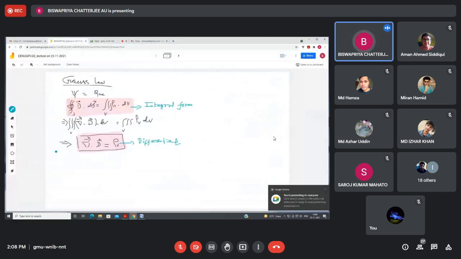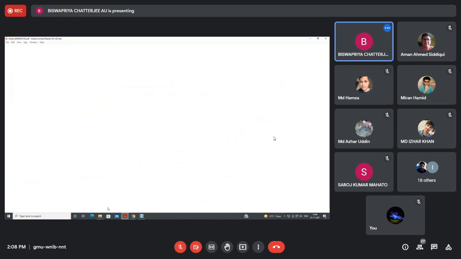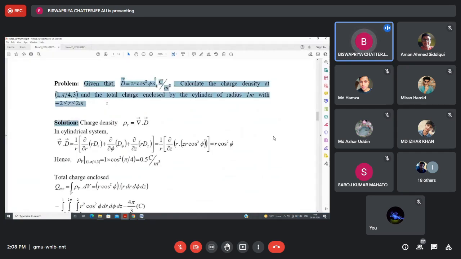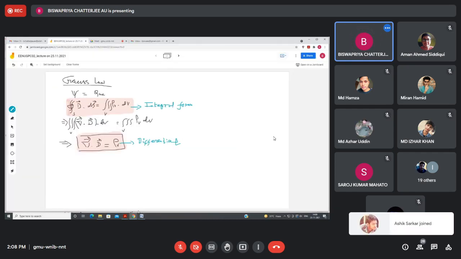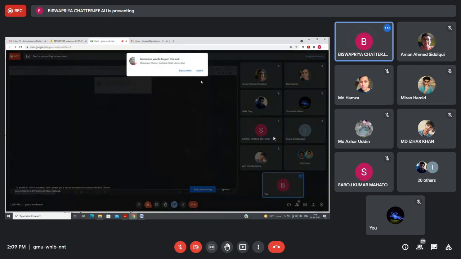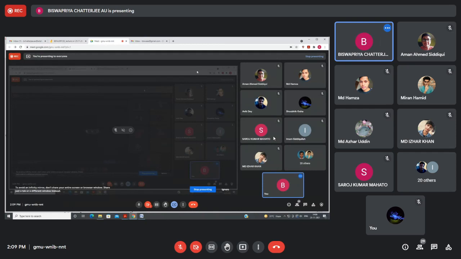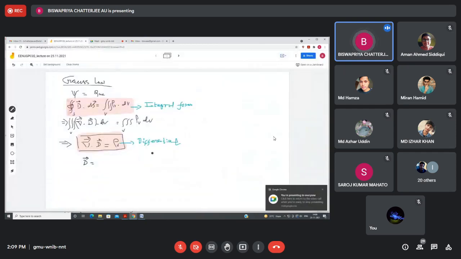So now I'll show you a problem that will demonstrate this statement of Gauss's law. You see this problem. Given that D means your flux density, it's a vector.